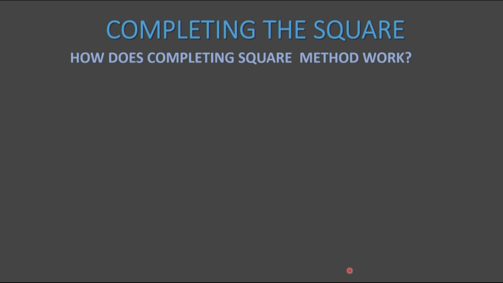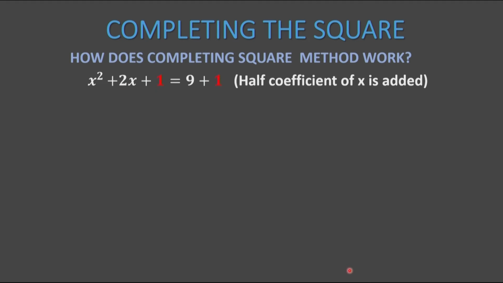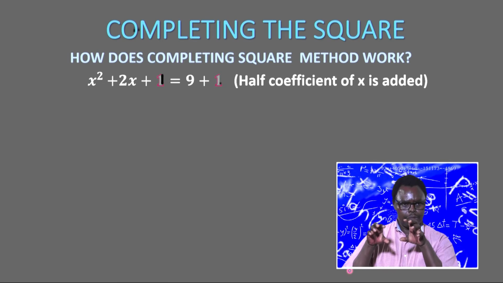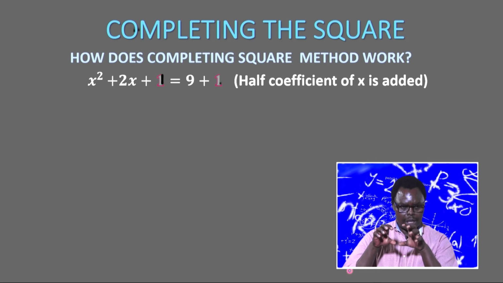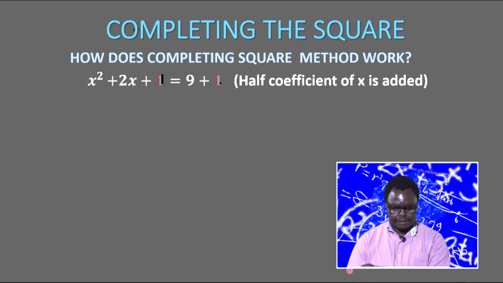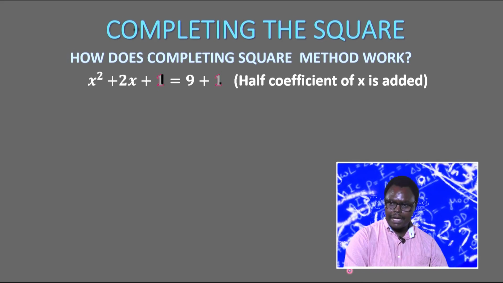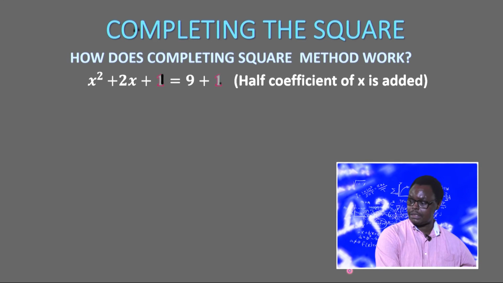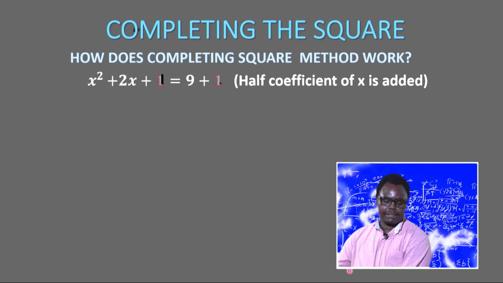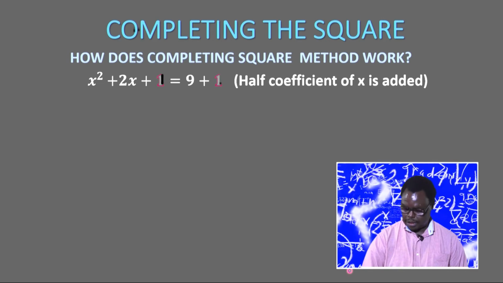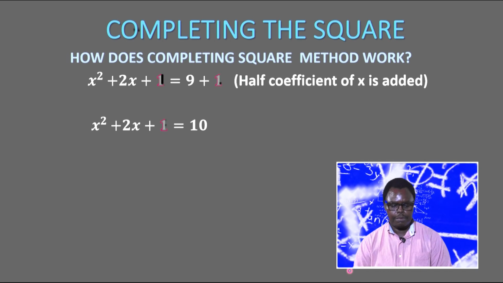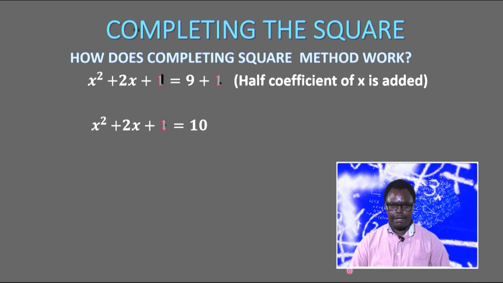Now, what you do is add that 1, the half coefficient squared, to both sides. You see 1 is in red. I added it to both sides now, because in mathematics, what happens on one side must also happen on the other side, okay? And then you can simplify. You get x squared plus 2x plus 1 equals 10.